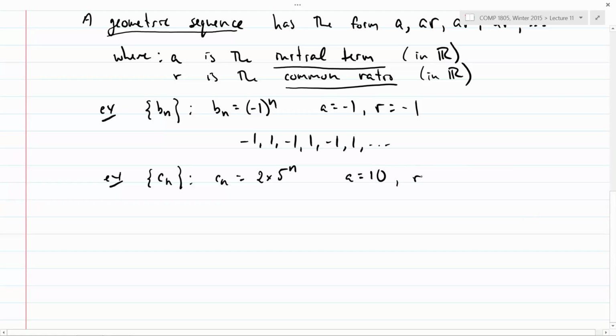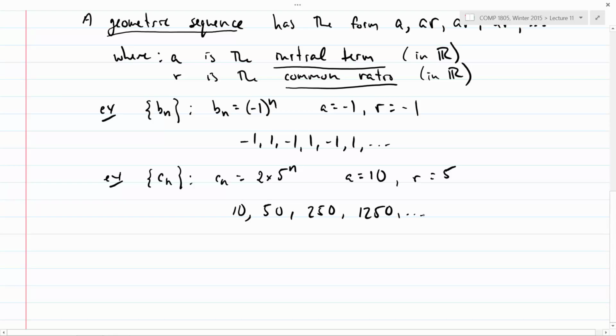What is the common ratio here? What do I do to get from one term to the next? Yeah, I just multiply by 5. So r equals 5. All right. So this sequence looks like, well, it starts at 10, and to get another term, I multiply by 5. So 10 times 5 is 50, 50 times 5 is 250, 250 times 5 is 1250, and so on.